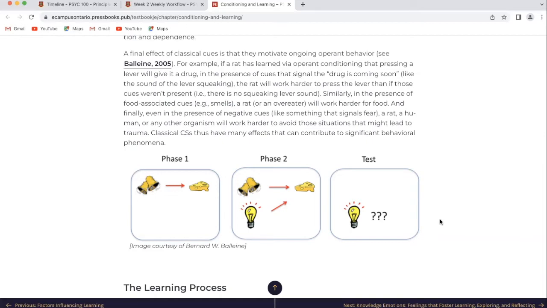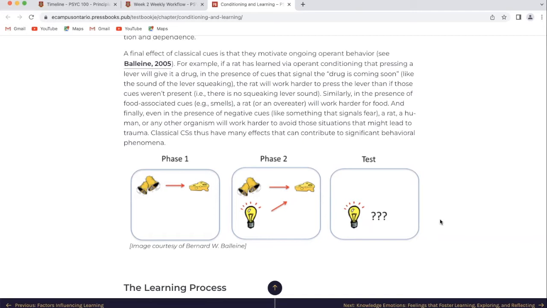Similarly, in the presence of food-associated cues, for example smells, a rat or an overeater will work harder for food. And finally, even in the presence of negative cues, like something that signals fear, a rat, a human, or any other organism will work harder to avoid those situations that might lead to trauma.